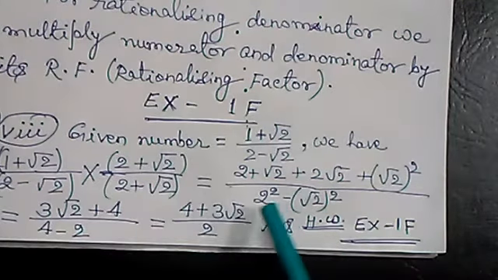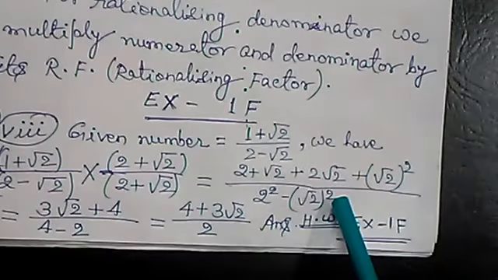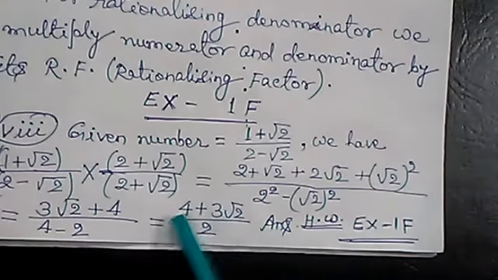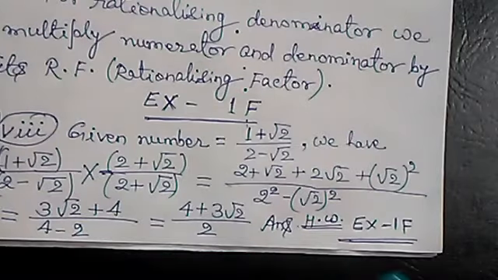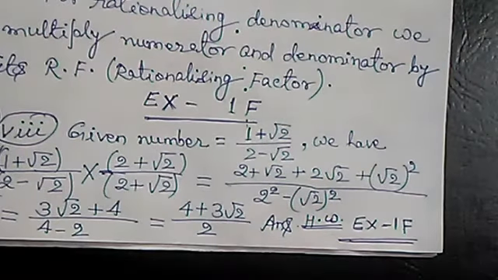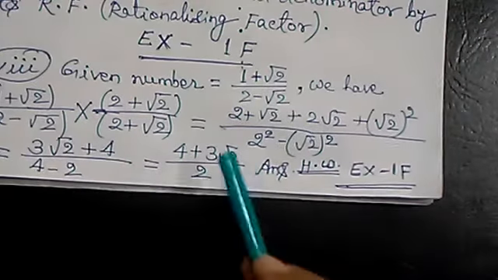In the denominator, 2 square is 4 and root 2 whole square is 2, so it will give you 2. Finally the result will be (4 plus 3 root 2) upon 2. It is now rationalized, because in the denominator there is no irrational number, 2 is a rational number. Hence we have rationalized it, and this is the answer.